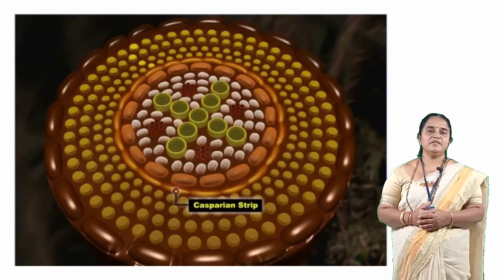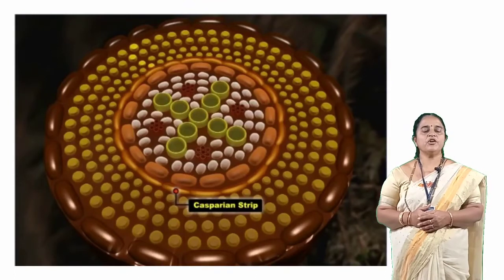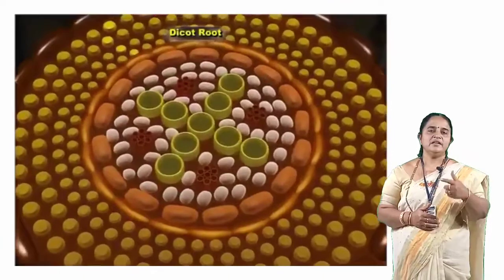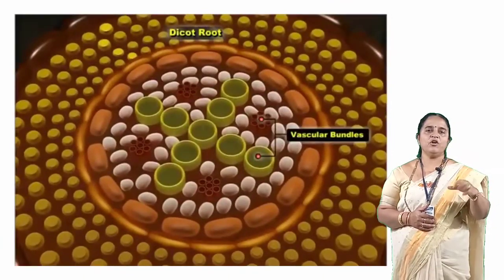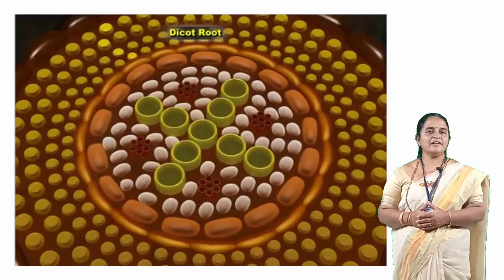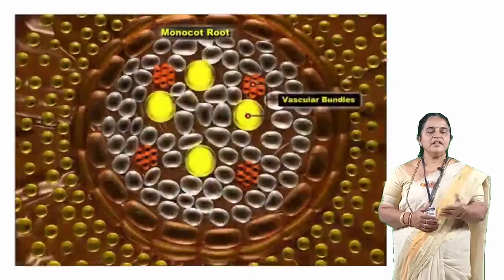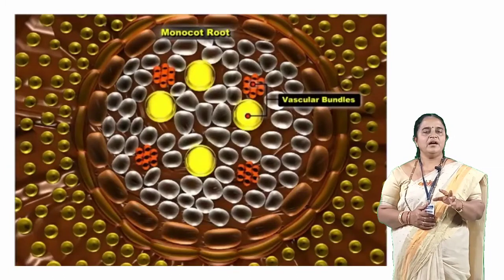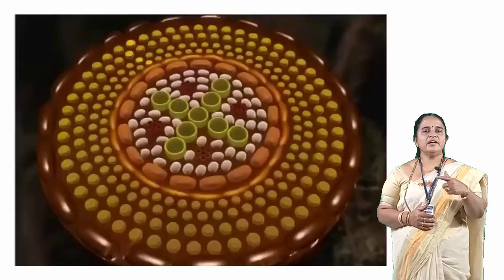Next to endodermis, it is the pericycle. It is also a single layer of compactly arranged thin-walled parenchyma cells. It is the outermost layer of the stele. Stele represents the central axis. Inside the pericycle, xylem and phloem are arranged on different radii.